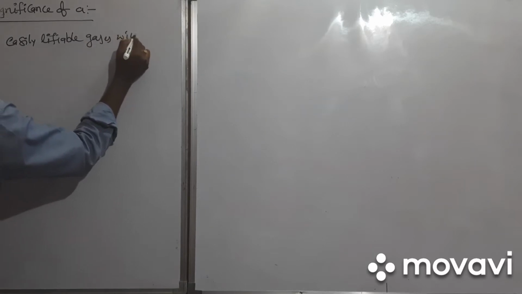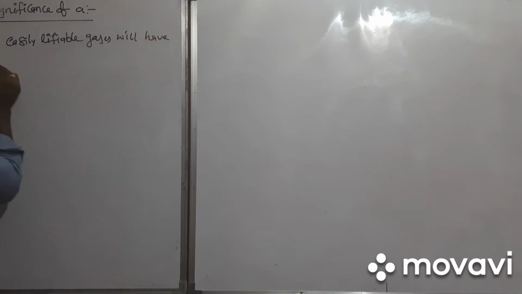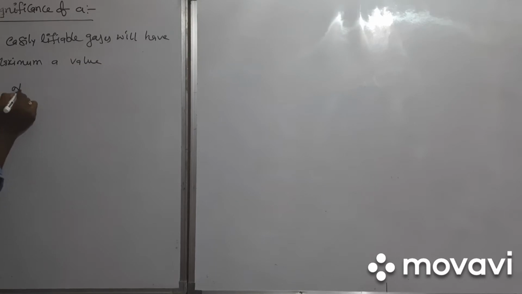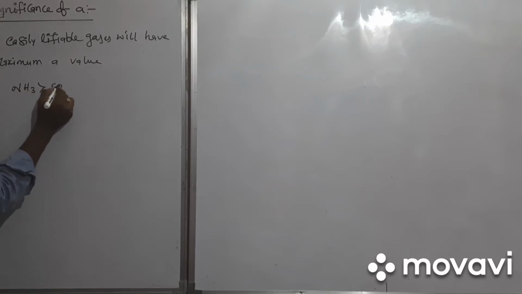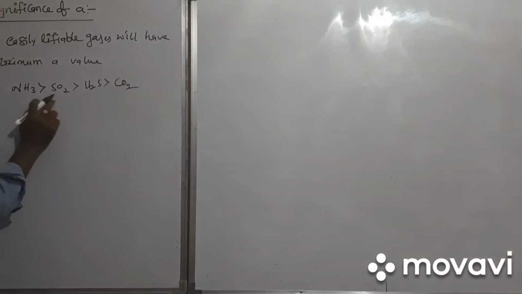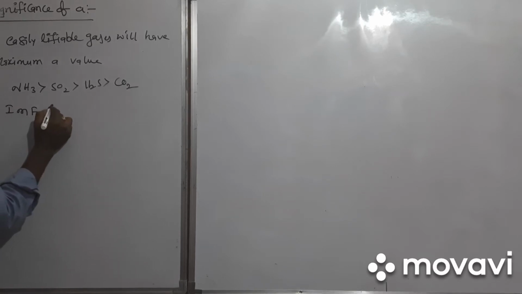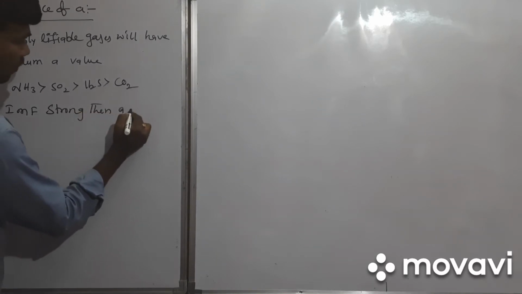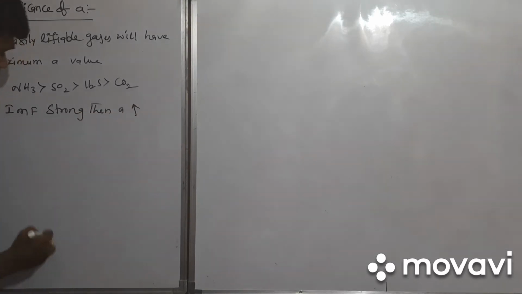Easily liquefiable gases will have maximum a value, that is NH3, SO2, H2S and CO2, right? If intermolecular forces, IMF means intermolecular forces, are strong, then the a value will also be more for that compound, right?